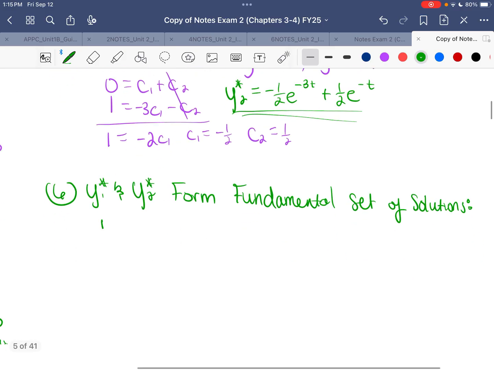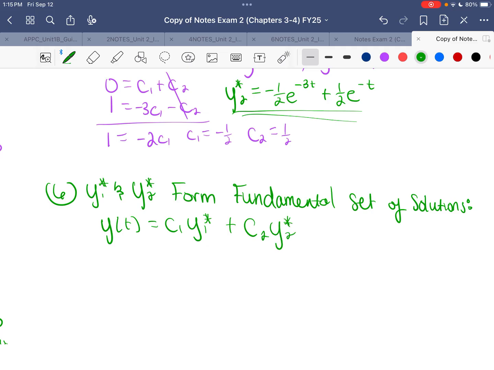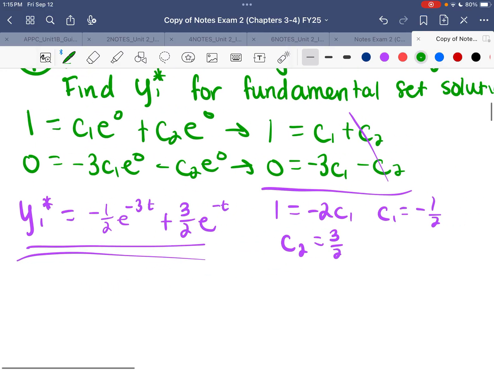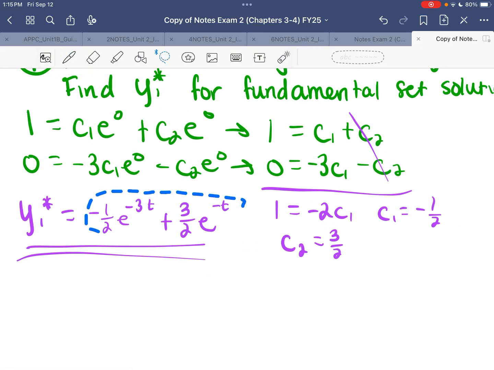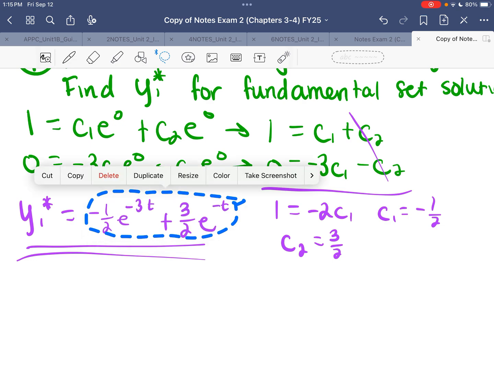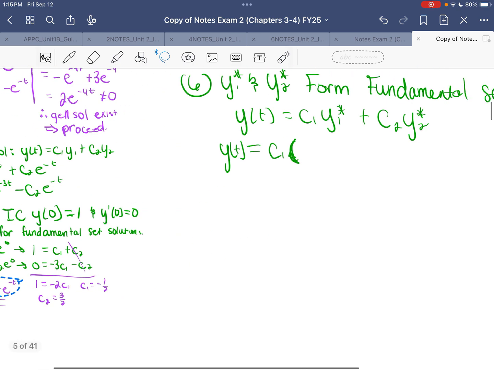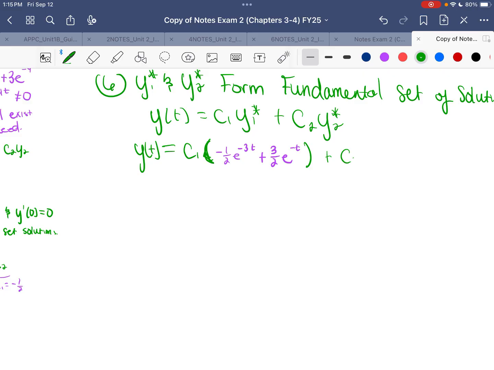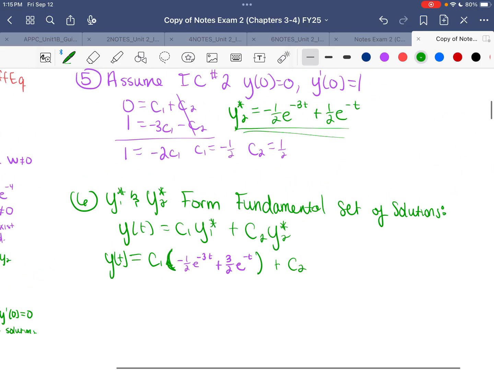Remember, we are saying that this is C1 y1 star plus C2 y2 star. So C1 times y1 star plus C2 y2 star.